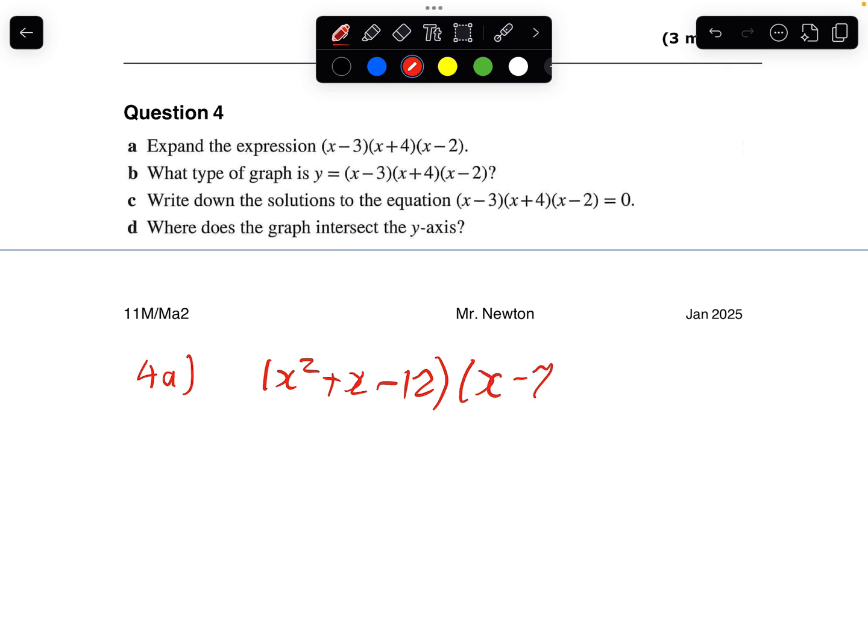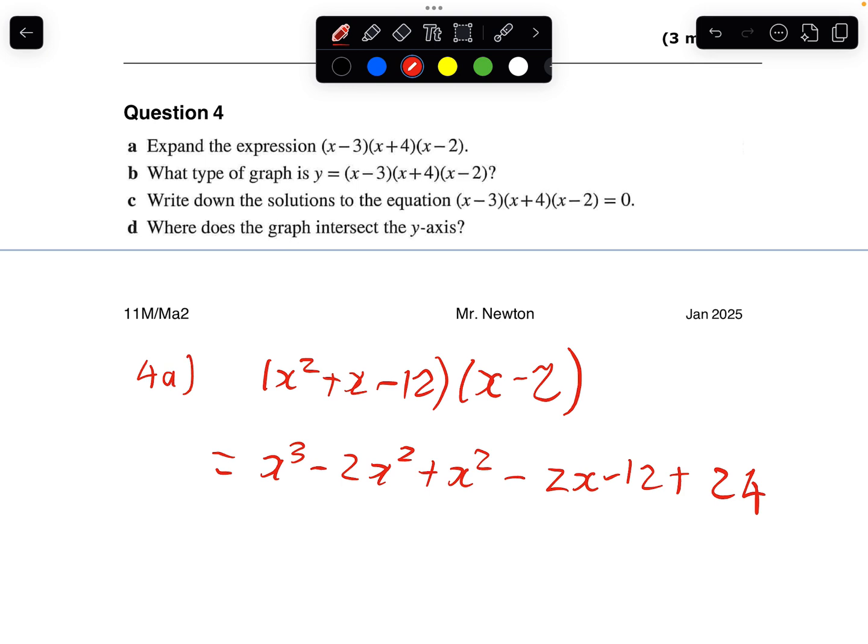X minus 2, and then expanding that bracket, we get x cubed minus 2x squared plus x squared minus 2x minus 12 plus 24. So let's just quickly make sure that that simplifies to x cubed minus x squared minus 14x plus 24.